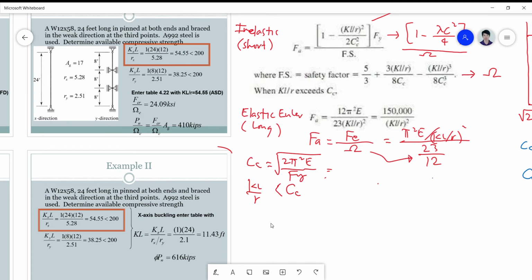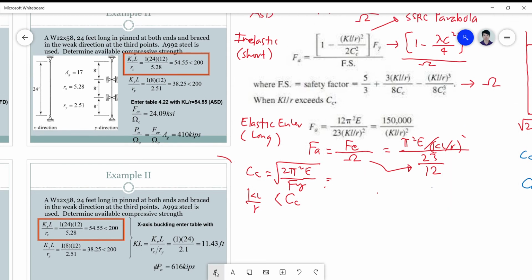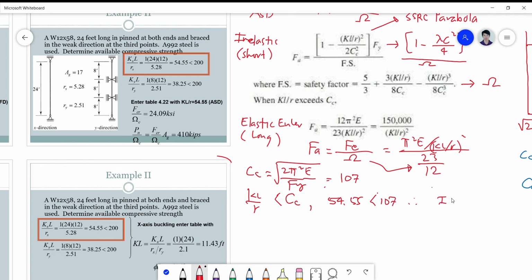You take the square root of that, you get 106.99, so this is 107. So this is now 54.55, less than 107. Therefore, this is inelastic buckling.